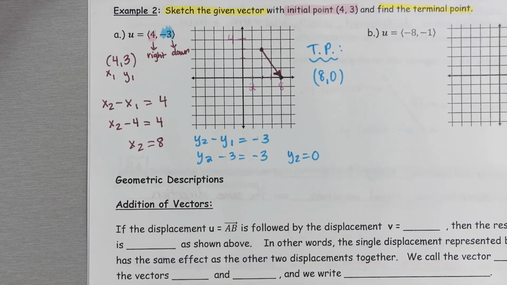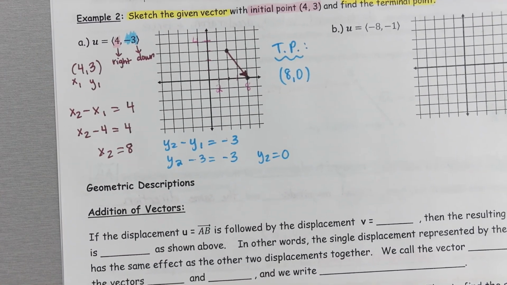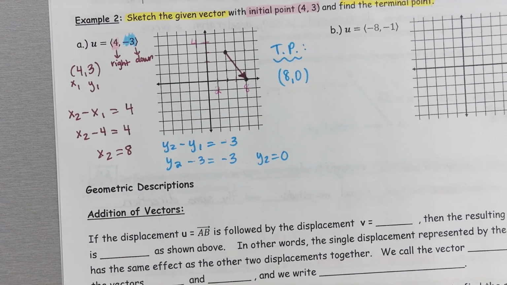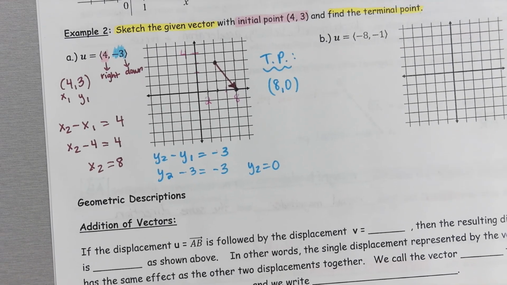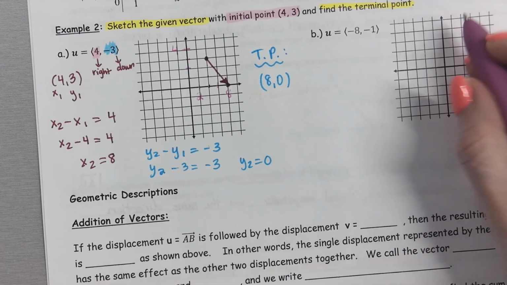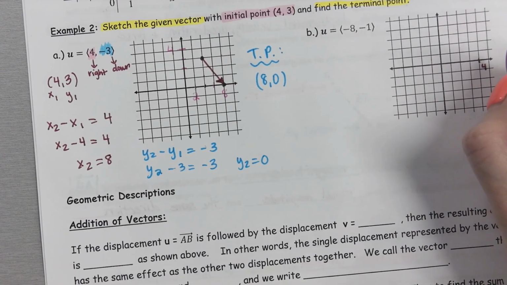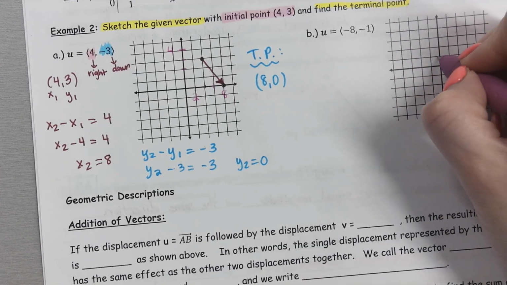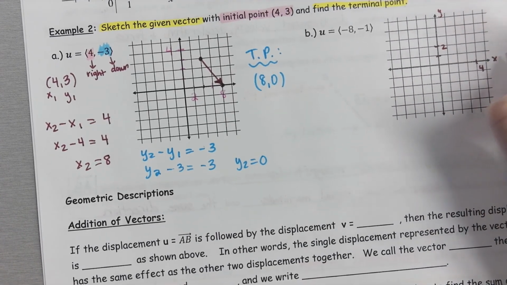Okay, so I'm going to have you do part B. And you can scale this by 1s. So for B, you can scale each of those by 1. And like I said, when you're doing this on your own, you don't have limited space.